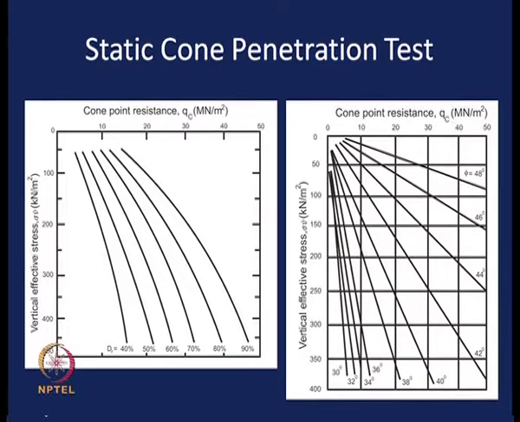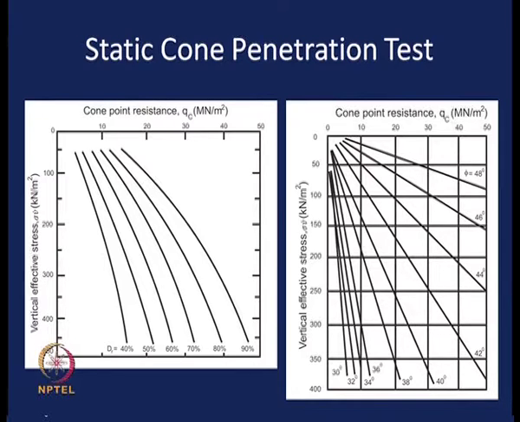If we know the vertical effective stress and the cone point resistance Qc, then using this particular chart, suppose the vertical stress is 200 and the cone resistance is say 30 mega Newton per meter square, this value will be between 80 to 90%, so relative density will be around 85%.